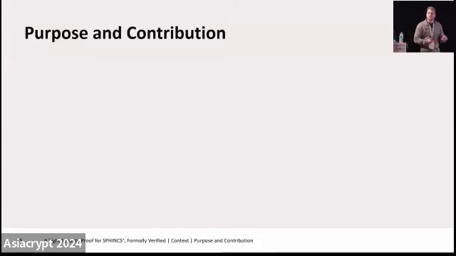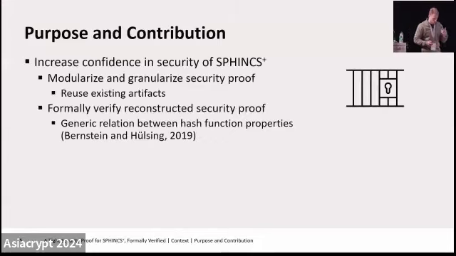Okay, and then for the purpose and contribution of this work, first and foremost, we attempt to increase the confidence we can have in the security of SPHINCS+. In particular, we do so by first reconstructing the current tight security proof of SPHINCS+ in a very modular and granular way, which helps us to manage the complexity in a formal verification, as well as reuse some existing formal verification artifacts that have already formally verified a modular part of this proof.